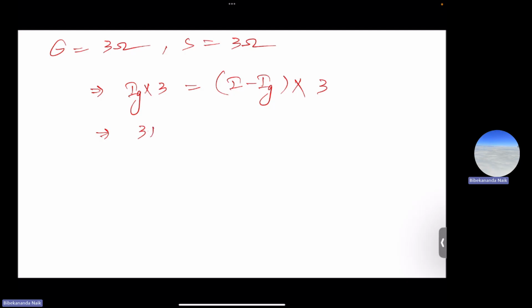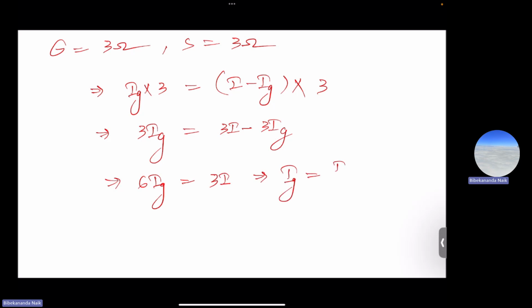So 3Ig is equal to 3I minus 3Ig. So 6Ig is equal to 3I, or Ig equals I by 2. In the next case, we need this value of Ig, because this will remain constant.